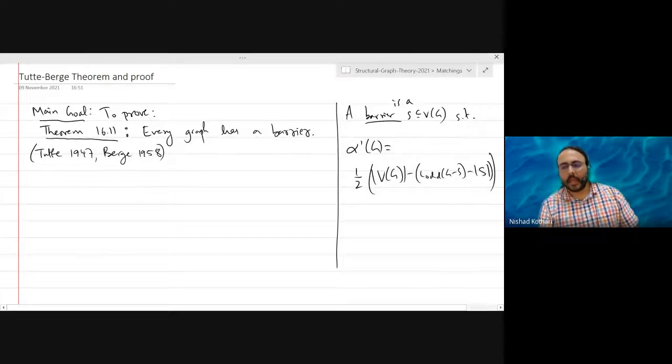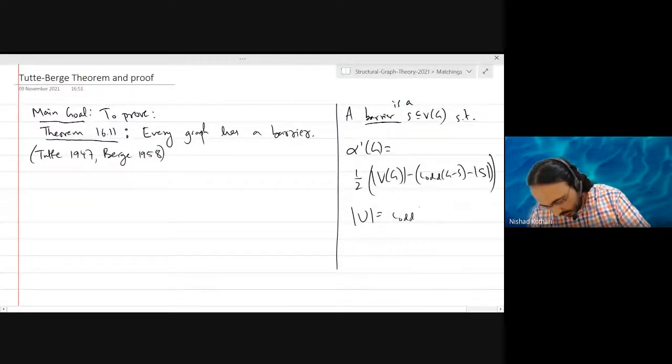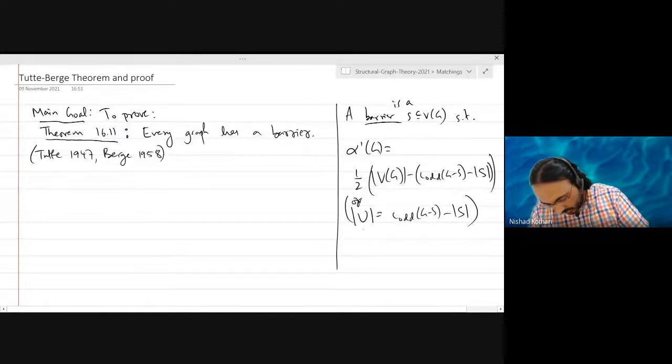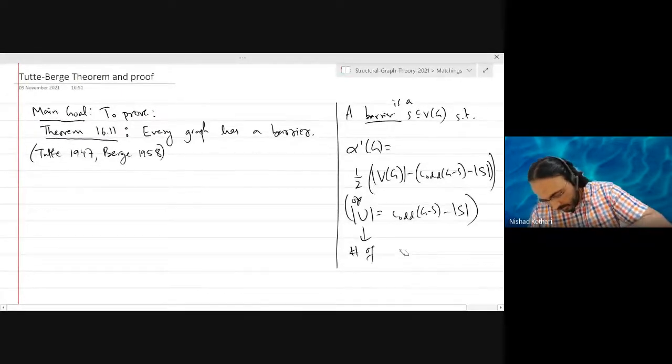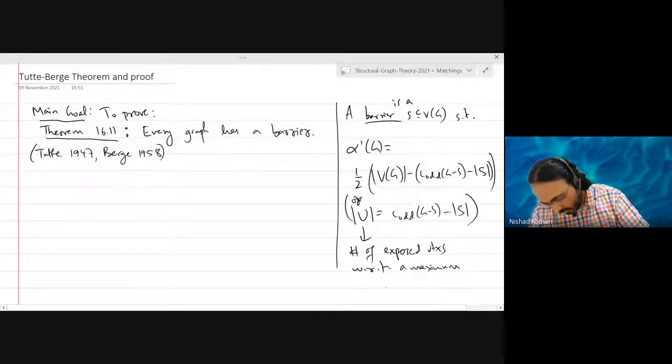And that is the same as saying that the number of unmatched vertices will exactly be this quantity. Right? This is the number of exposed vertices with respect to a maximum matching.